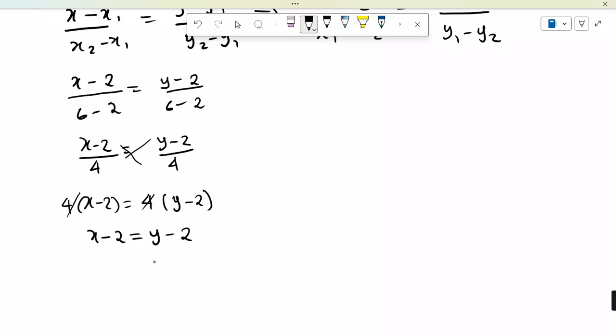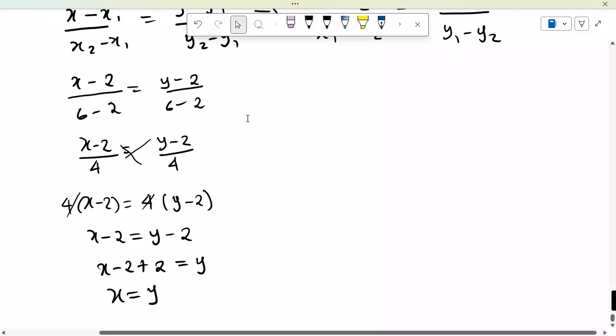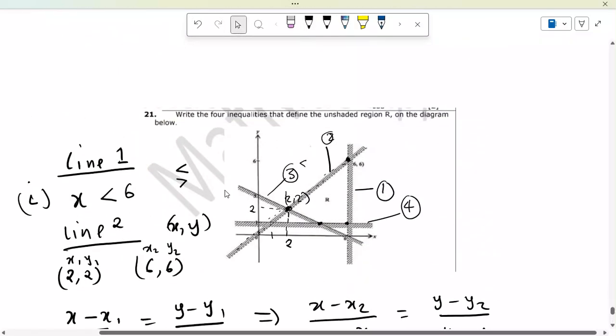Here we want to make y subject of the formula. So you take the 2 to the other side. It will be x minus 2 plus 2, y equal to negative 2 plus 2, which is 0. So x equal to y. That's the point. You pick x equals y.